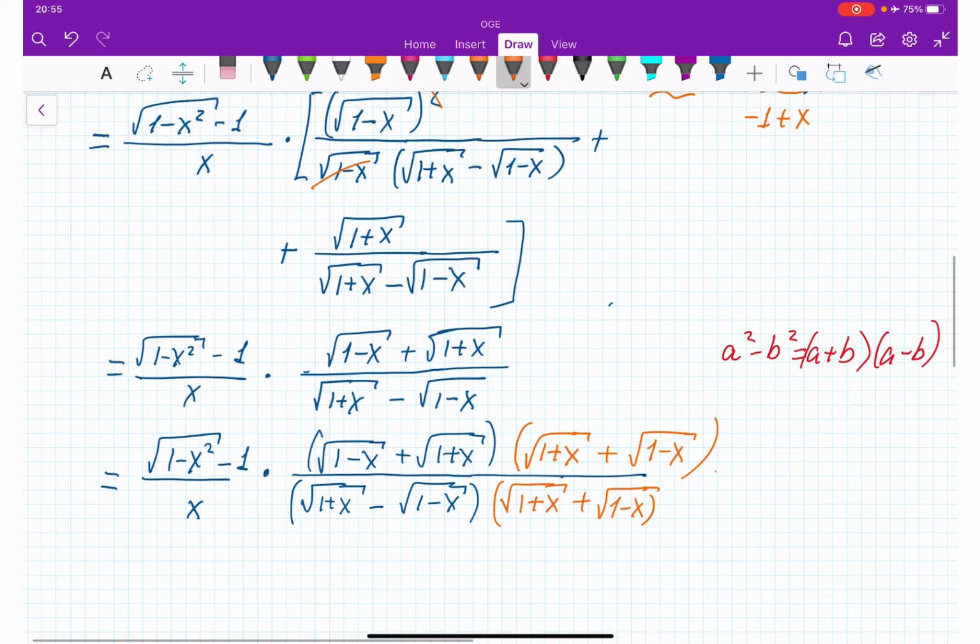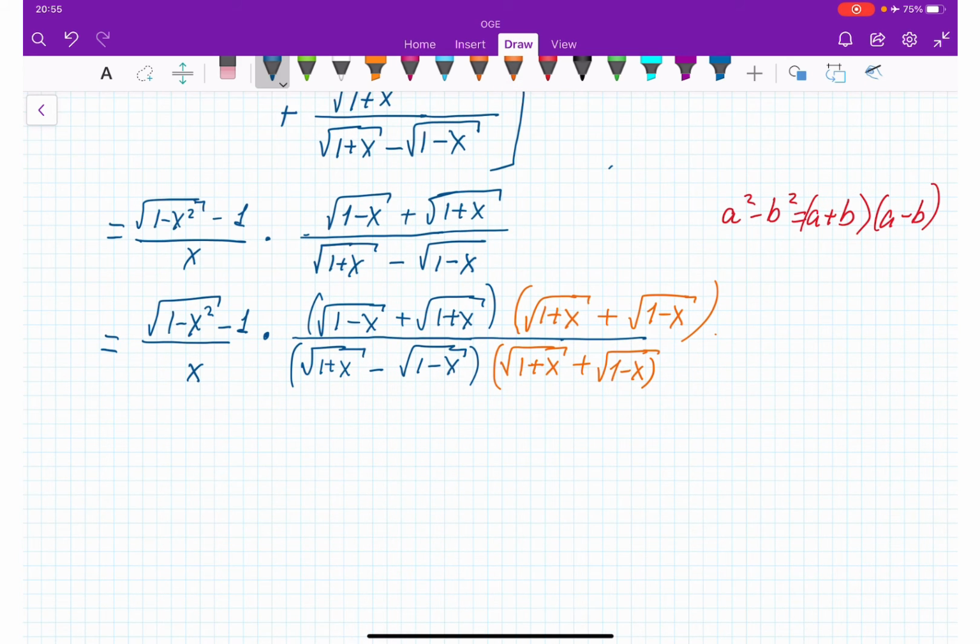Well, let's see the result. So 1 minus x squared minus 1 over x times, so we have in the numerator plus and plus.